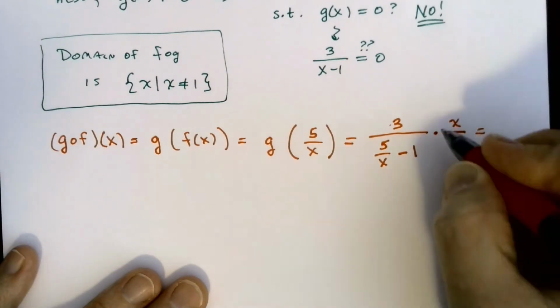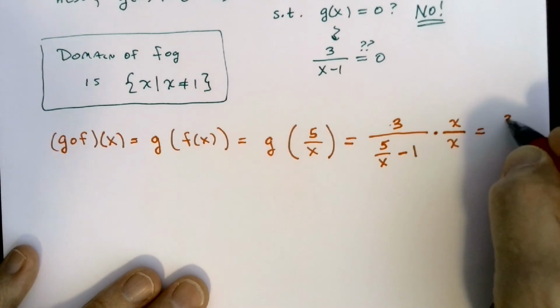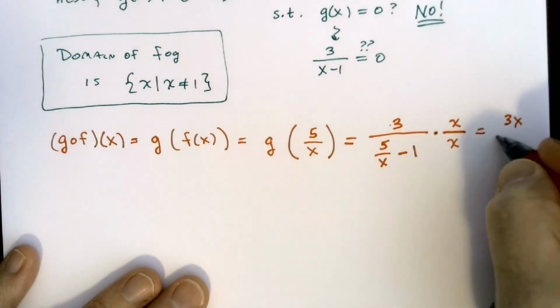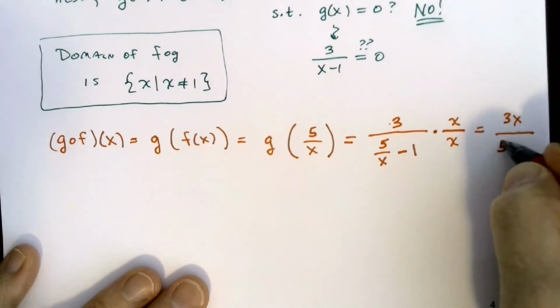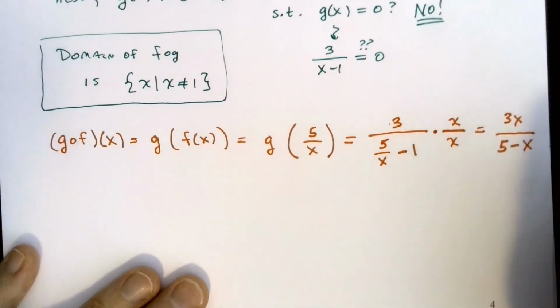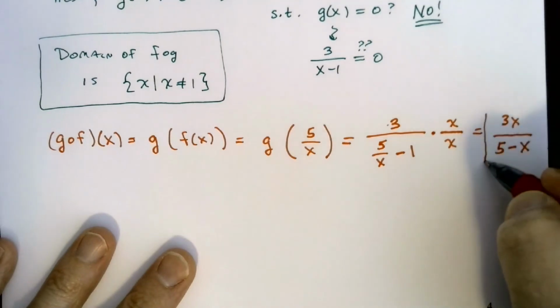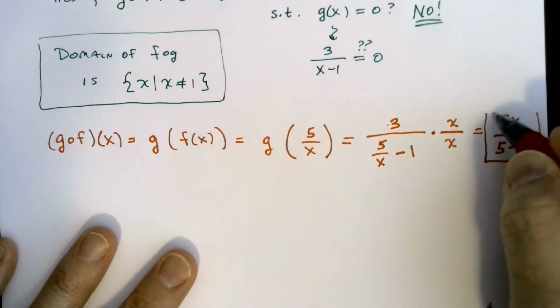And this will give me what? x times 3 is 3x. Here I distribute x times 5 divided by x is just 5. 1 times x is x. So I can simplify in that form. So this is the rule.